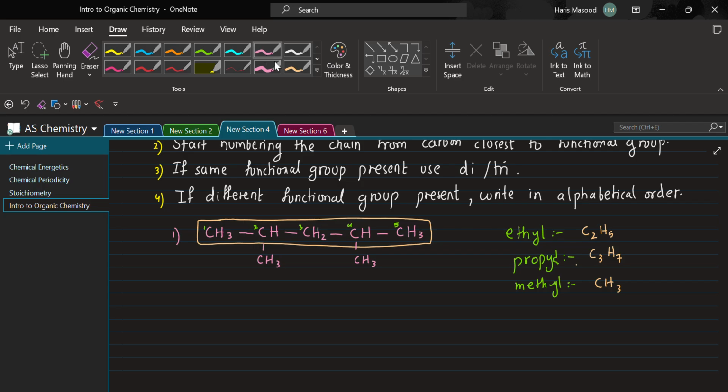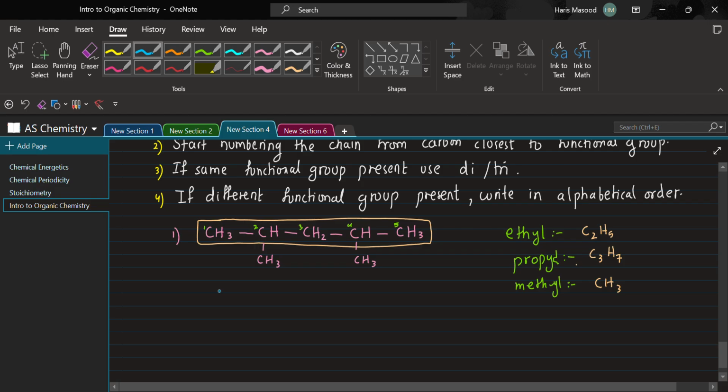So for the naming, how are we going to name it? 2 comma then 4, dash. How many methyls do we have? 2. So what I wrote in rule 3, that for the same group, use di.